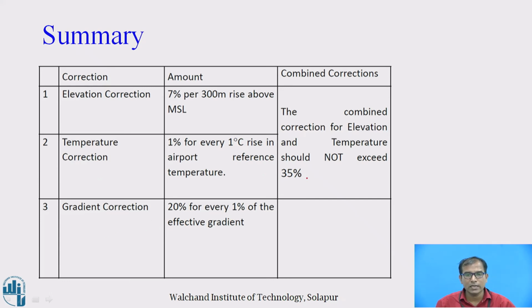Once this is less than 35%, then you go for applying the gradient correction. See that the increment in length after applying the elevation and temperature corrections should not exceed 35%, so you need to check that.